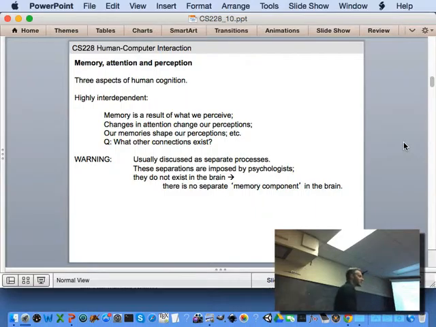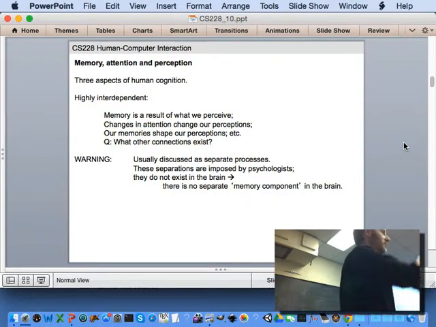Again, if you read a psychology textbook or a neuroscience textbook, they'll often talk about these cognitive processes as separate things. Of course, they're not separate. They're probably not separate in the brain, and they're not separate in terms of behavior, right? There are very fundamental interactions between memory, attention, and perception. I can only remember things that I perceive. If I don't perceive it, I can't remember it.